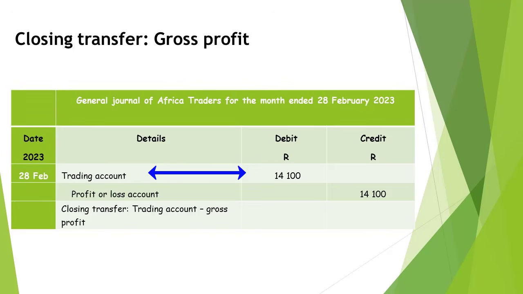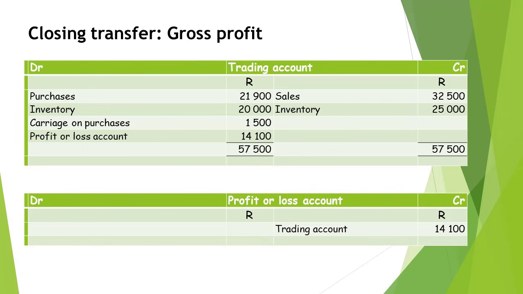The trading account will be debited with 14,100 Rand and the balance is transferred to the profit or loss account, which means the profit or loss account will be credited with 14,100 Rand. The trading account is now closed and has a zero balance, and the profit or loss account reflects the gross profit of the entity.